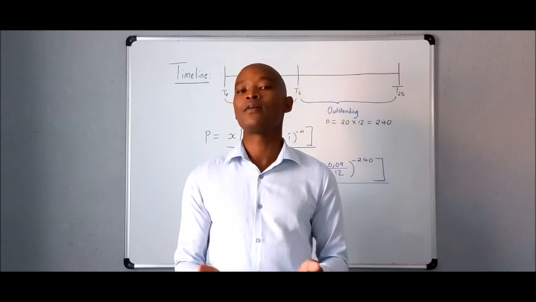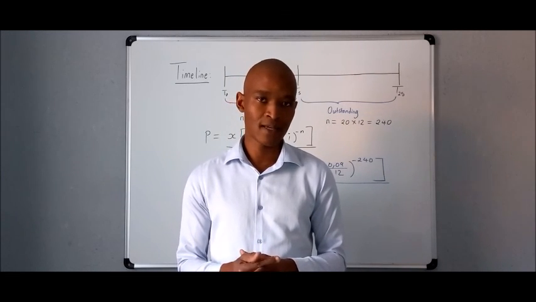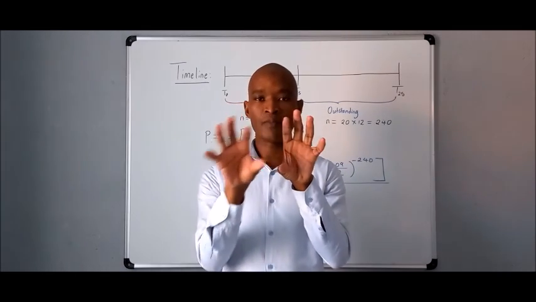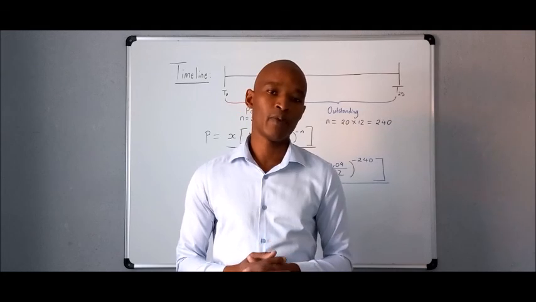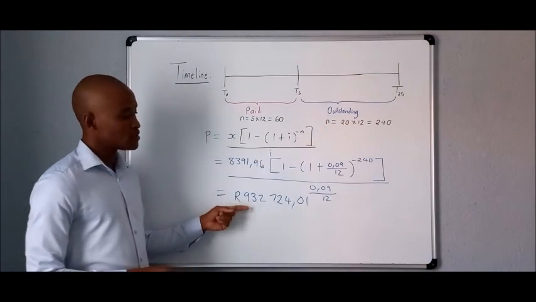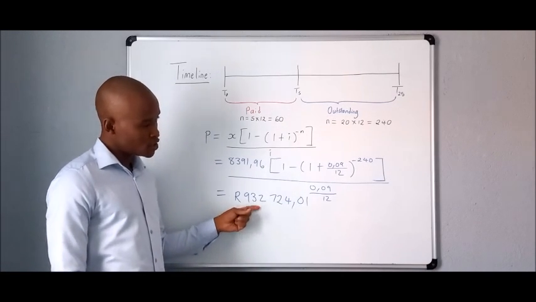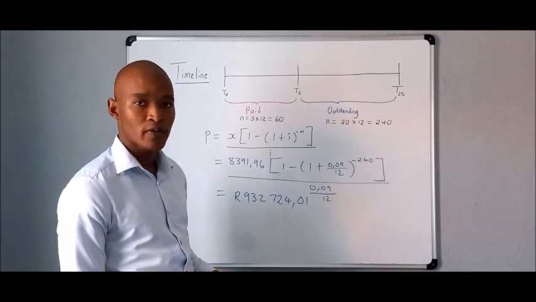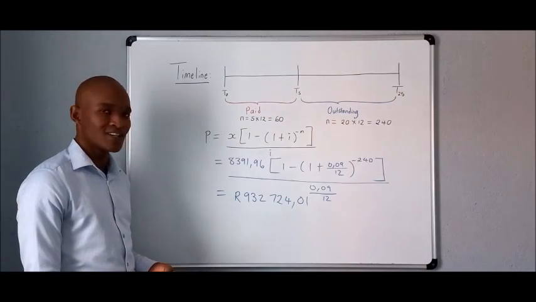In the third lesson that I'll be presenting, I will be talking about how to split the payments into the actual capital of the loan that is paid up and the payments towards the interest. This is the outstanding balance, and this is how much this person still needs to pay to be able to settle the loan.